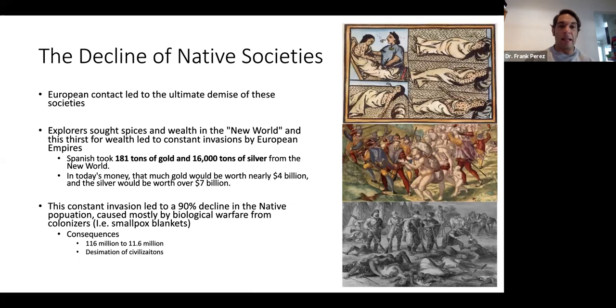So obviously this European contact ultimately leads to the demise of society. Explorers sought wealth in the New World and spices. And this thirst for wealth led to a constant invasion by European empires. Columbus comes back several times to pillage in the Caribbean. Cortez does something similar, as does Pizarro and others.